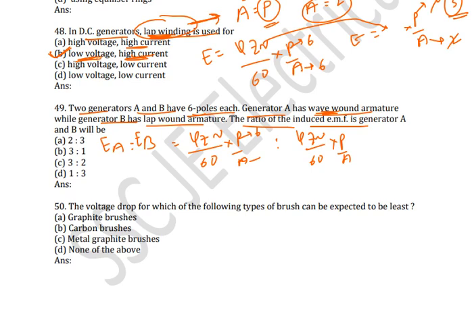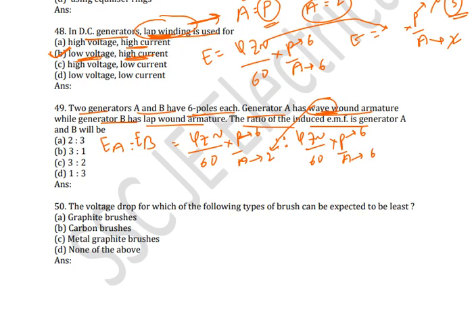We calculate the ratio for wave wound and lap wound. In wave winding, the number of poles is 6 and the number of parallel paths is 2. In lap winding, the number of poles is 6 and the number of parallel paths is 6.